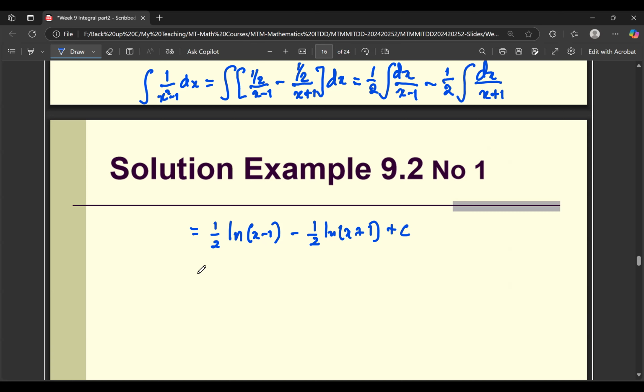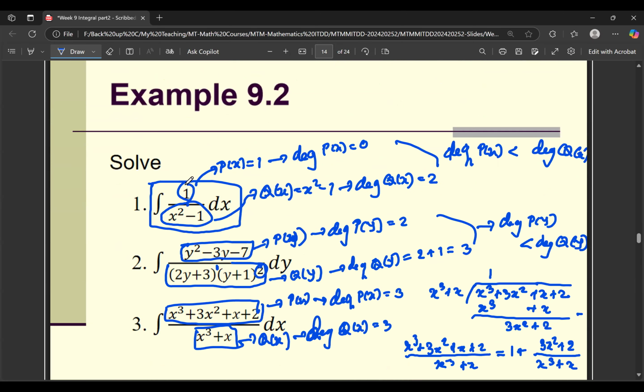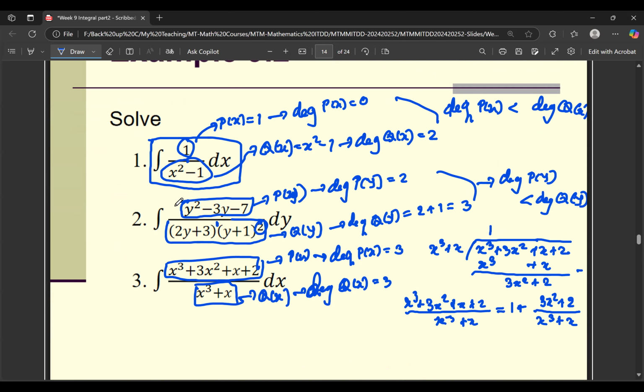So we have 1 over 2 natural logarithm of x minus 1 divided by x plus 1. So this is the solution of number 1 in this example, the integral of 1 over x squared minus 1.